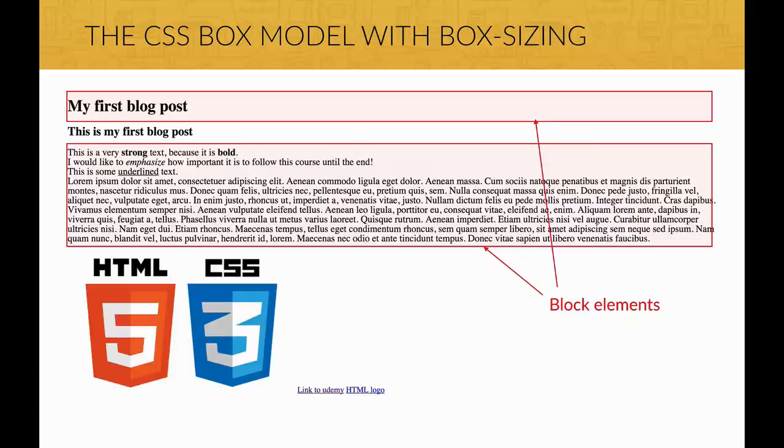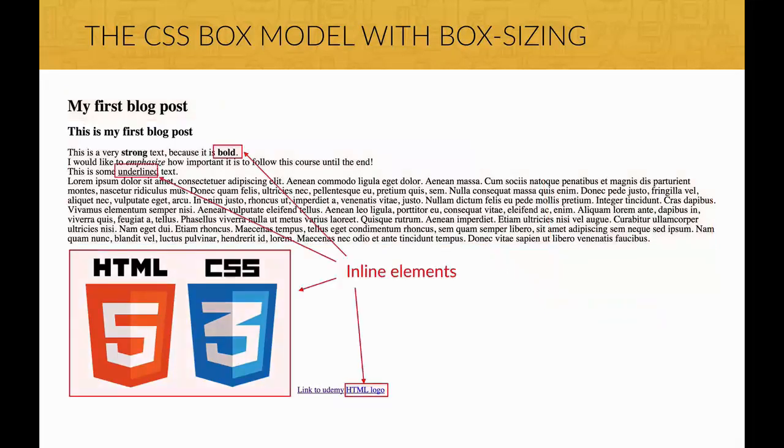Because there is one last thing I need to tell you about the box model. In HTML, there are block elements and inline elements. Block elements use the full width of the browser and force line breaks. Headings and paragraphs are examples of block elements. And inline elements don't do any of that.